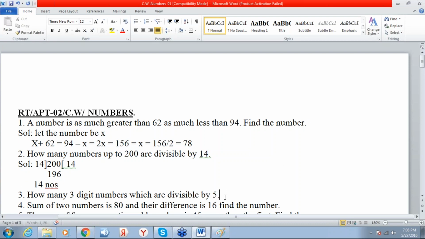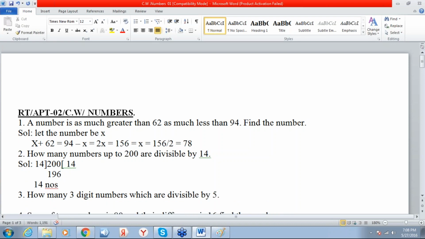Next question: how many three-digit numbers are divisible by 5? What is the highest three-digit value? 999. Is 999 divisible by 5?